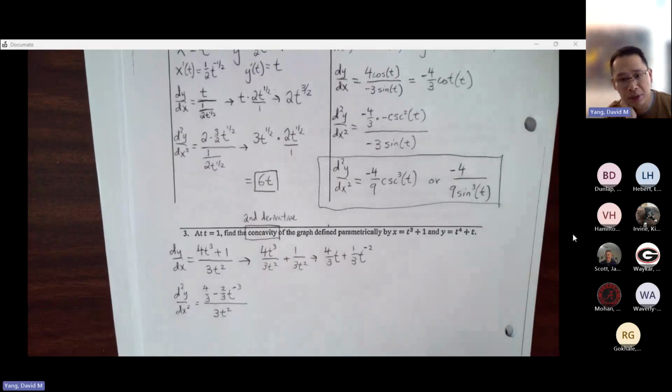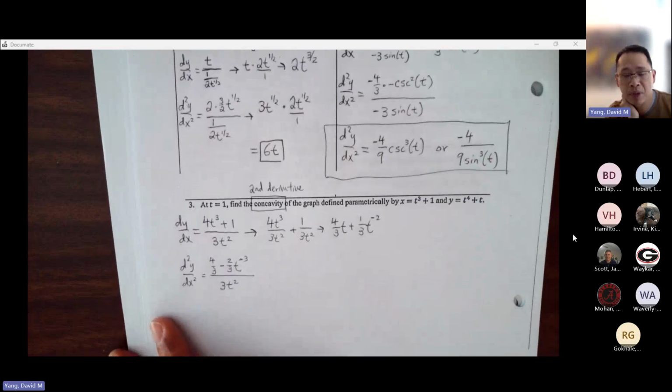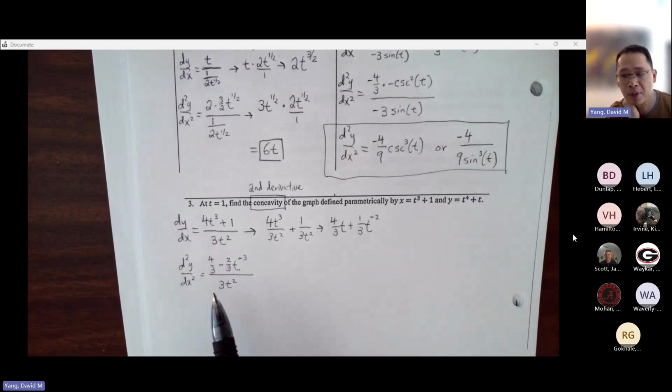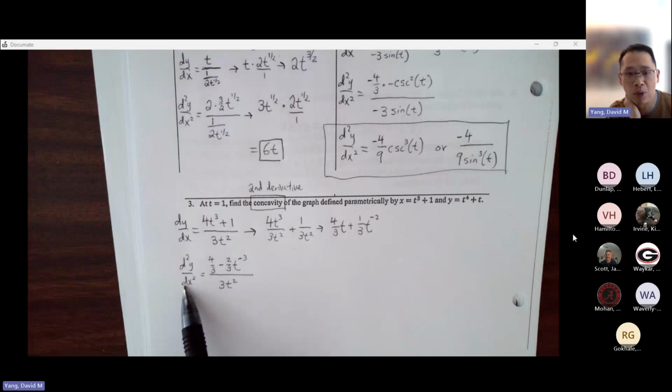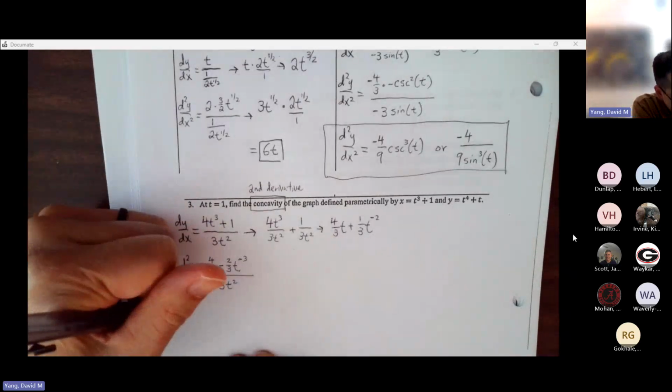If it's positive, then we can associate as concave up. If it's negative at this time, then we know we can associate that with concave down. So I'm just going to plug 1 into the second derivative and see what I get.